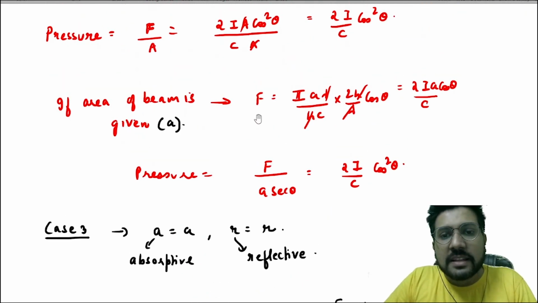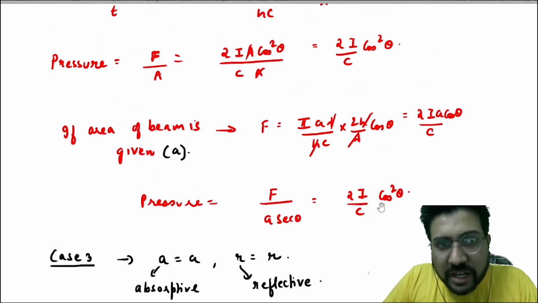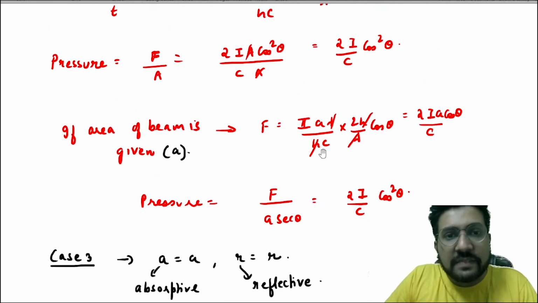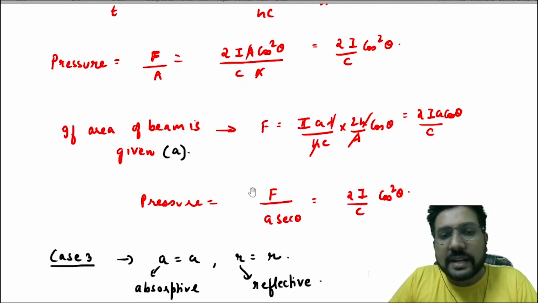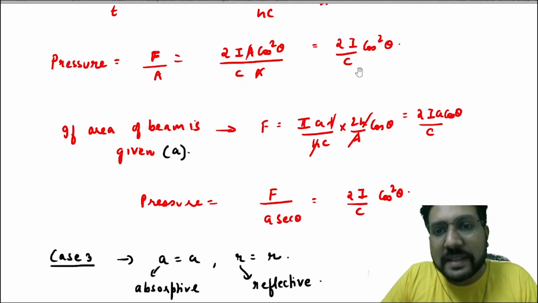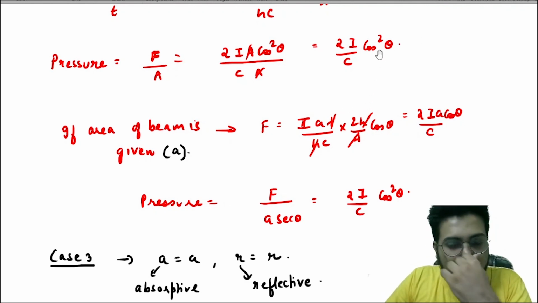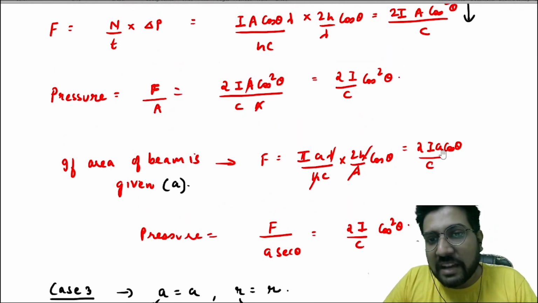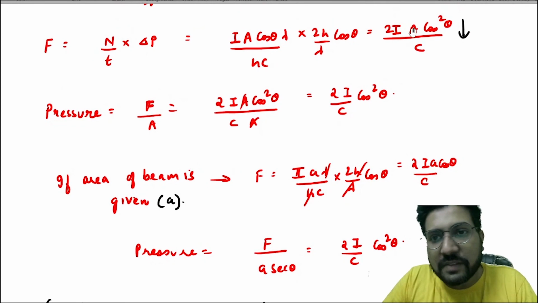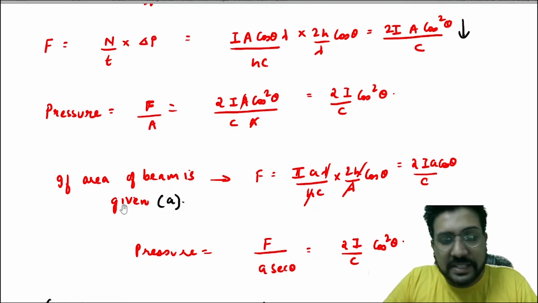That means again the formula of pressure does not change even if they have given you the area of the surface or the area of the beam. So the formula of pressure will be 2I by c cos square theta. But yes, the formula of force will depend on the area of the beam or area of the surface. If area of surface is given, it will be 2Ia by c cos square theta, and if area of beam is given, it will be 2Ia by c cos theta.